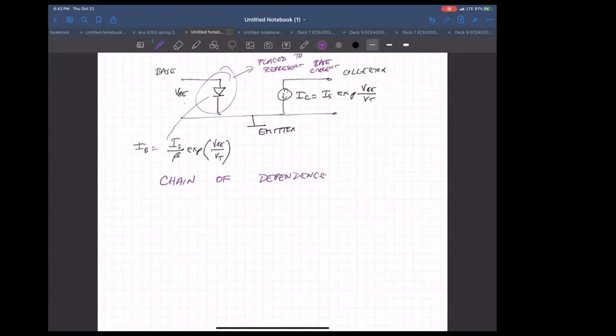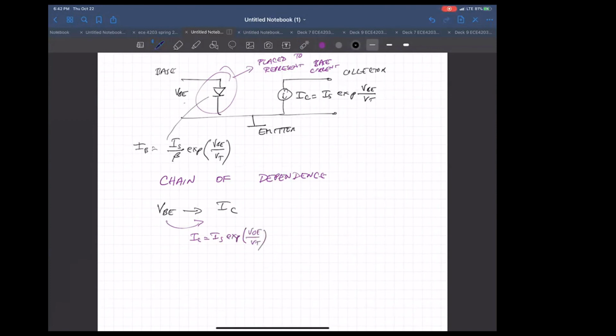Of course, some problems could be trickier than others, but this is typically what you want to do. First, you take the VBE and you calculate I sub c. That equation is I sub c is I sub s exponential of VBE over VT. So that's step one.